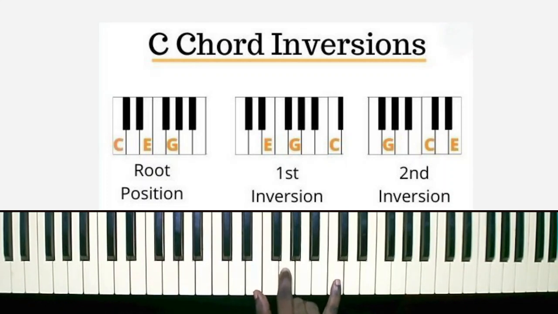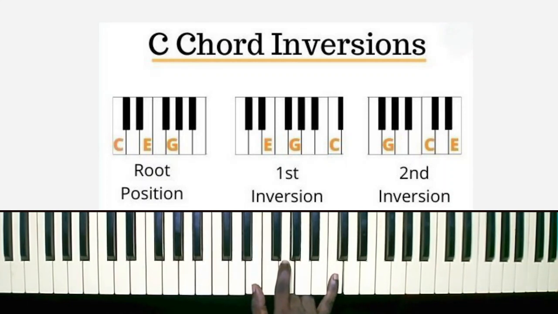Okay. So when we have this E becoming the first note, followed by G, and then C, which is the root note, has now become the last note on the right hand side, we call this the first inversion.